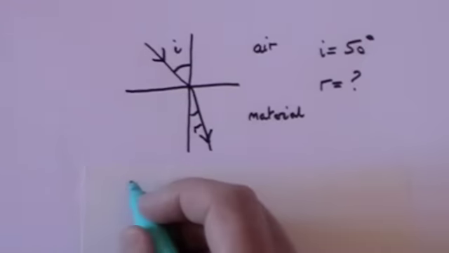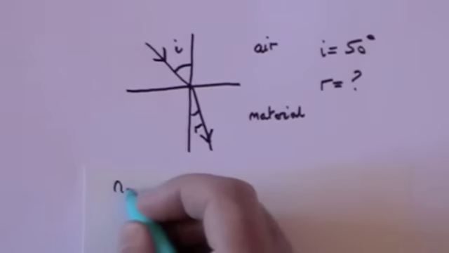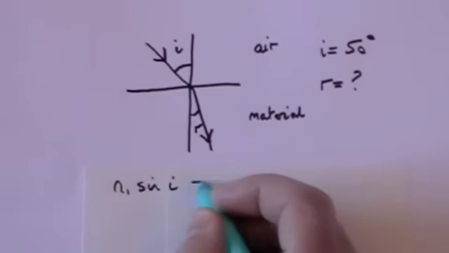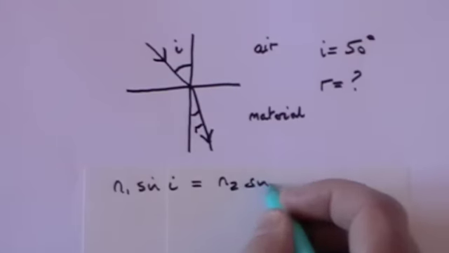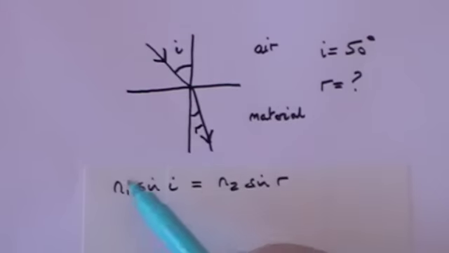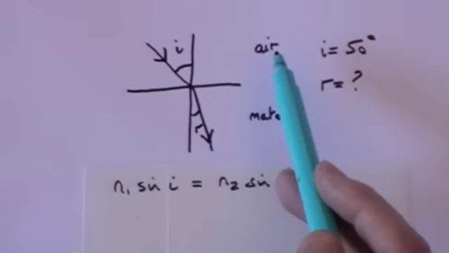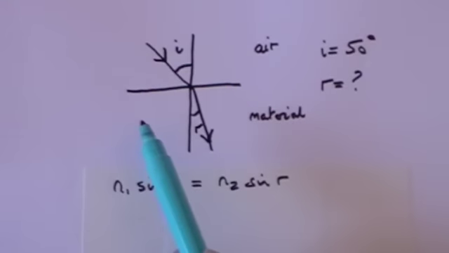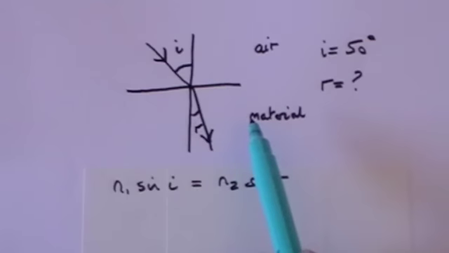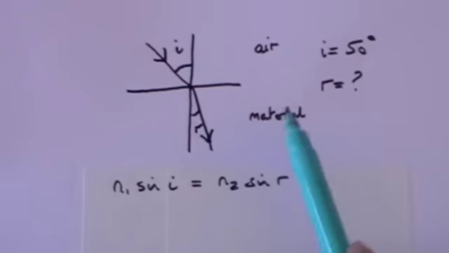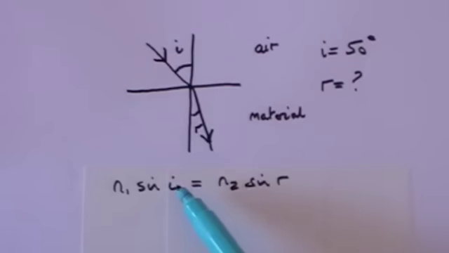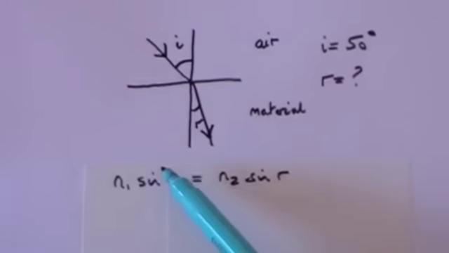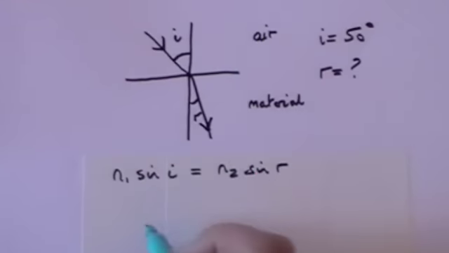And we're going to use Snell's law for this, which is that n1 sine i equals n2 sine r, where n1 is the refractive index for air, which of course is 1. It's the same as for vacuum, basically. And n2 is the refractive index for the material, which we calculated was 2.42. And we know that i is 50 degrees. So the only thing we don't know is sine r.